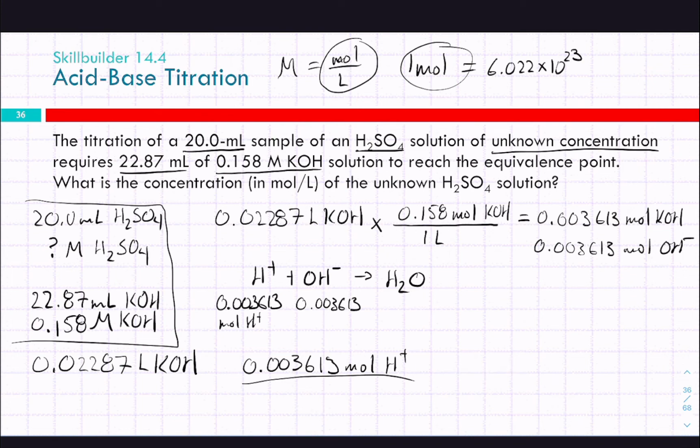Actually, let me write it out this way. There's 2 moles H plus for every 1 mole H2SO4. Anytime you say it's this many of this per that, that's a conversion factor. You can write it out as a fraction.